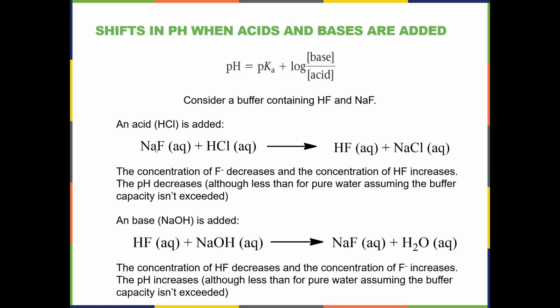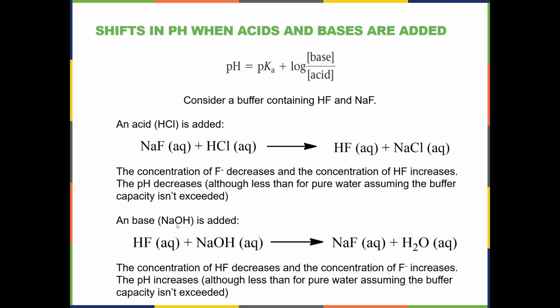Well, the concentration of F- is going to decrease, and the concentration of HF is going to increase. There is, of course, a buffering capacity, like we talked about before. If I have a lot of HCl, I might completely ruin the buffer, and we'll talk about that at the end of this section. What happens if NaOH is added?